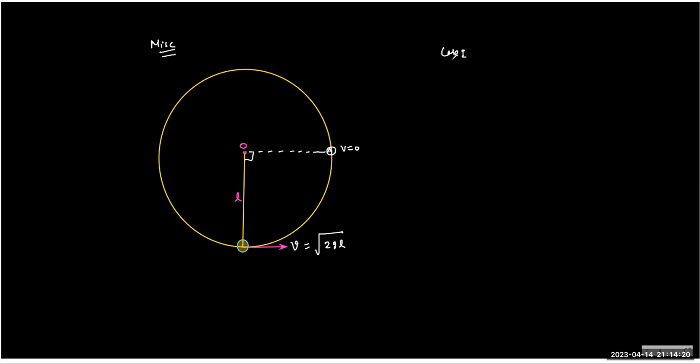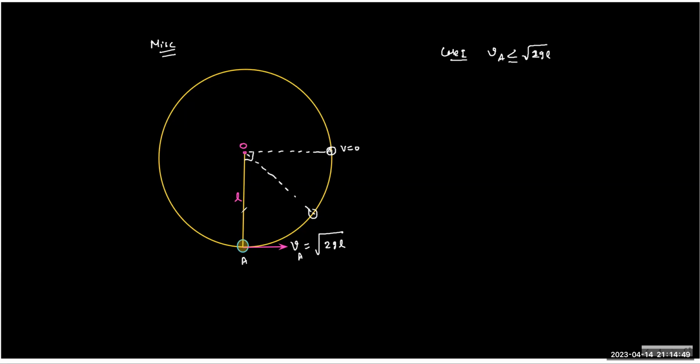So case 1, if VA is less than root 2GL, what will happen? It will stop somewhere in that quadrant. So it will always oscillate in the bottom 2 quadrants, right? If you go here, it will come back, and if you give less, it will just oscillate.